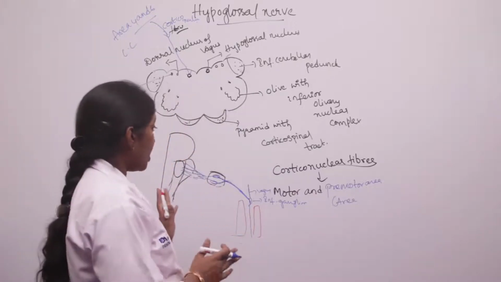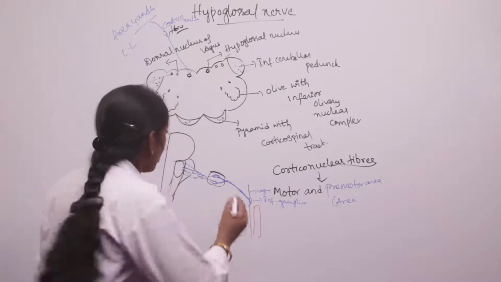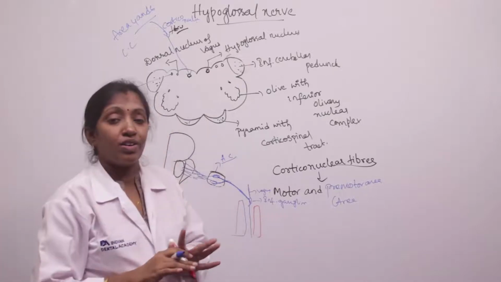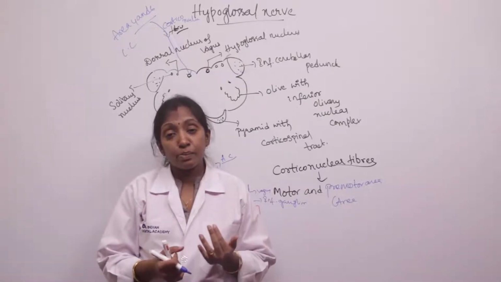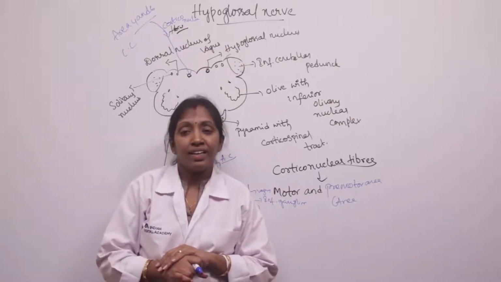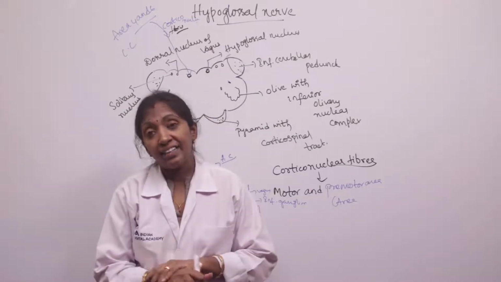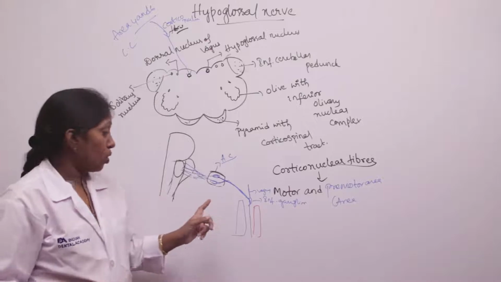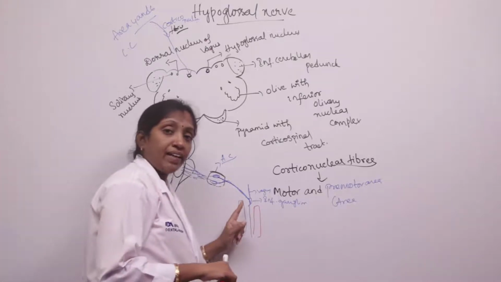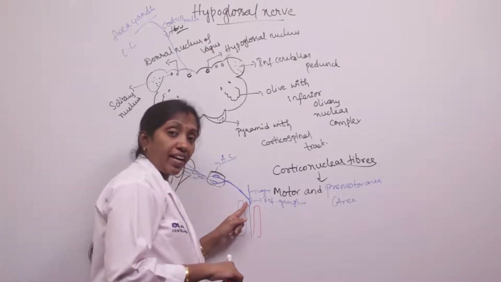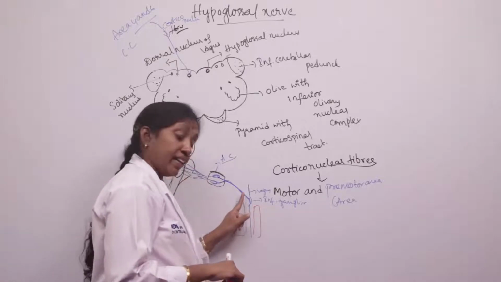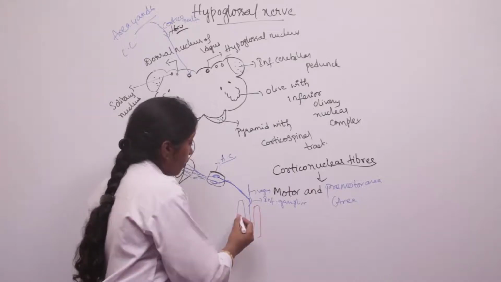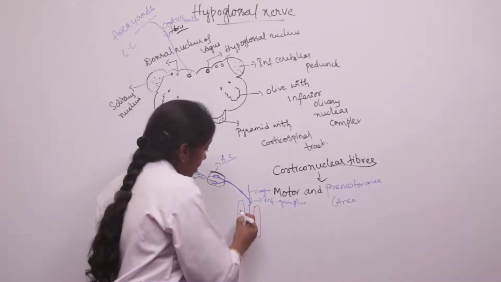So the hypoglossal nerve, after emerging from the hypoglossal canal, so this is the hypoglossal canal, right? After emerging, usually it lies beneath the internal jugular vein and internal carotid artery, and also the 9th, 10th, 11th cranial nerves. Then it makes a half spiral turn around the inferior ganglion of the vagus nerve, and descends in front of the vagus between the internal jugular vein and the internal carotid artery.